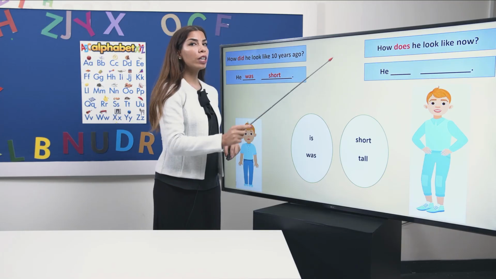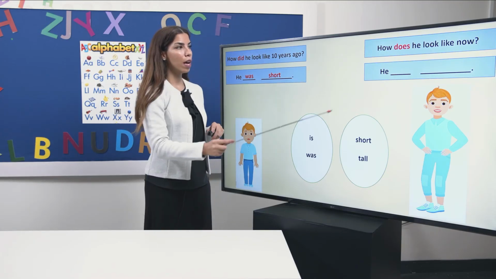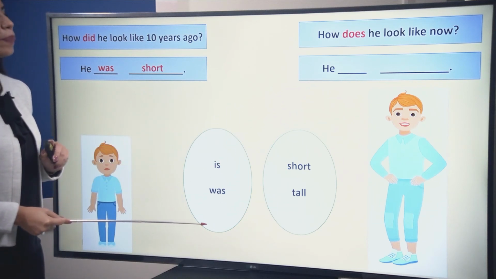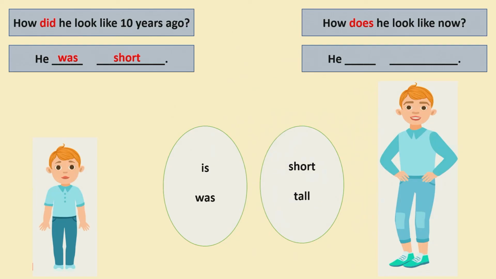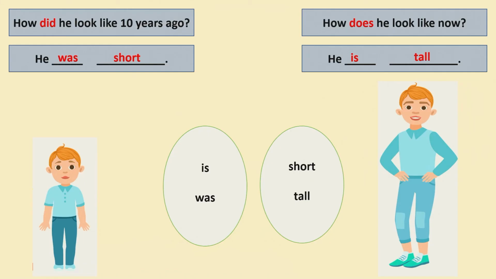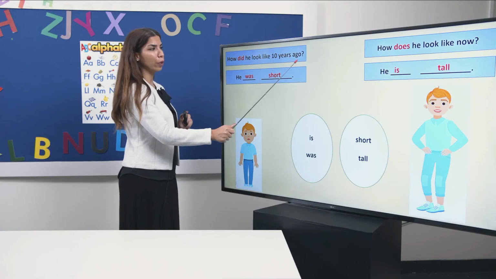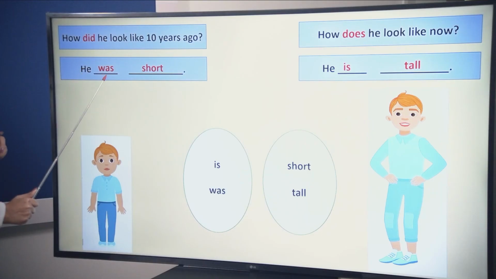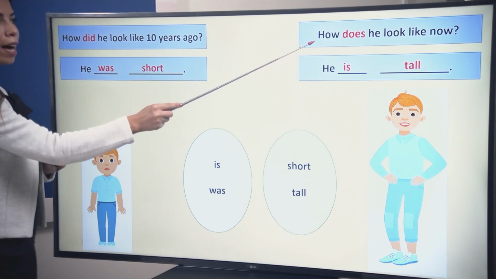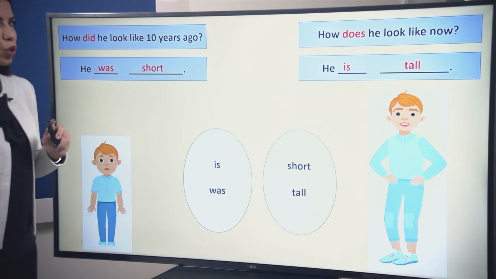How does he look like now? He is or was? Of course, in the present, we always use is. Short or tall? Yes, in the present, he is tall. How did he look like 10 years ago? He was short. How does he look like now? He is tall.